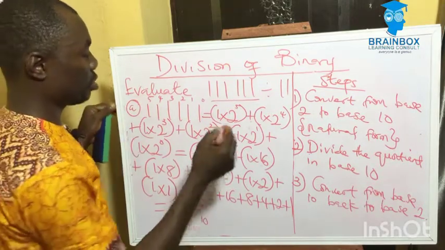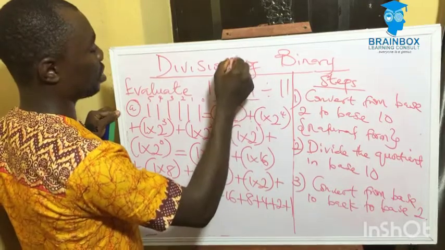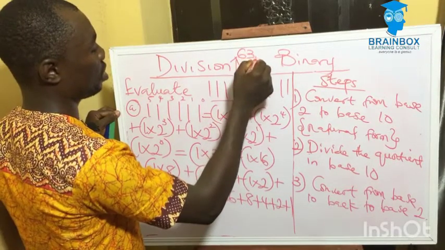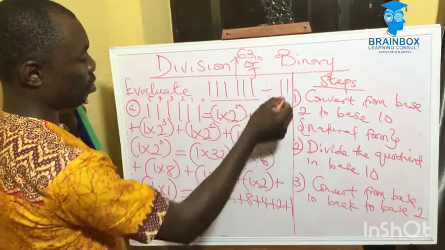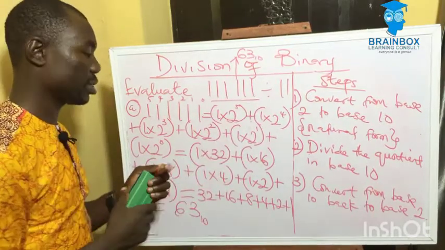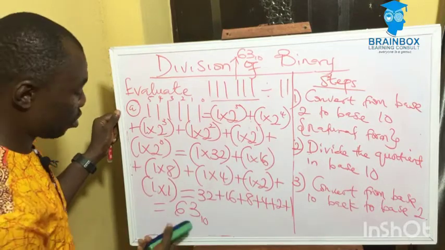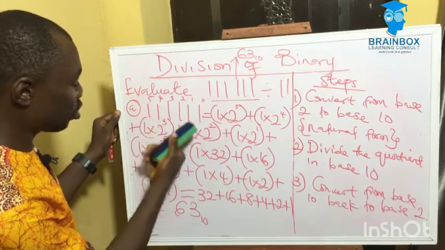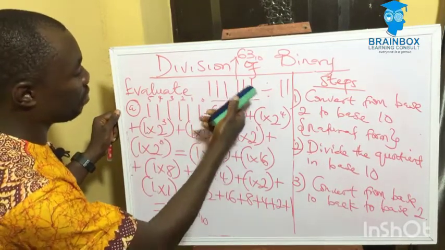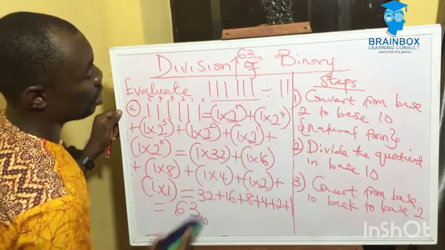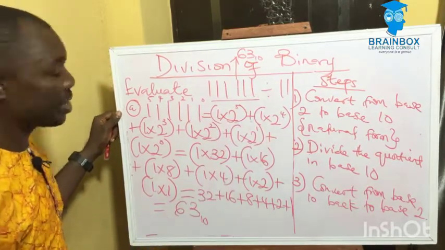So this is 63 in base 10. Now let's find out what 11 in base 2 will give us in base 10. So I'll wipe this off and check.